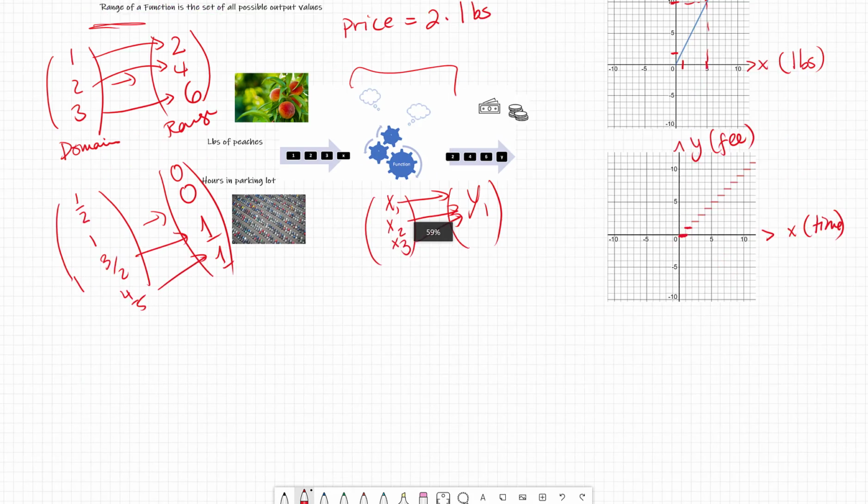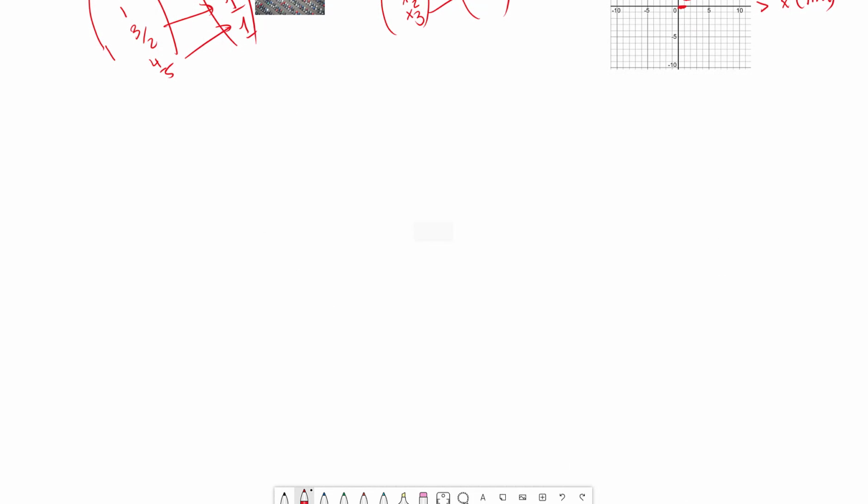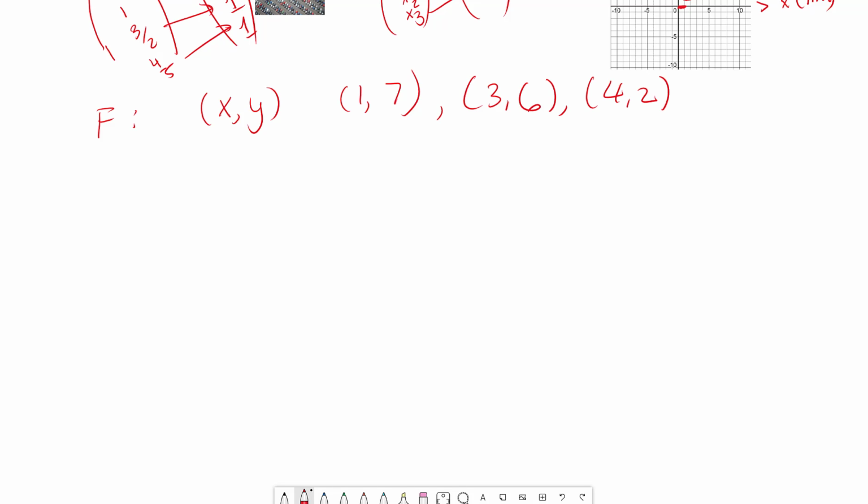So let's look at a couple of examples that are not functions, so you get an idea of what that means. For instance, if we present a function f with some ordered pairs, let's say x, y, and our ordered pairs are (1, 7), (3, 6), (4, 2), and (3, 9).